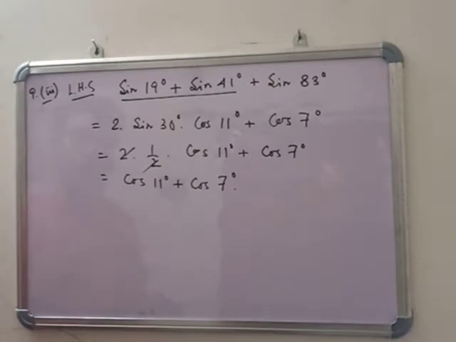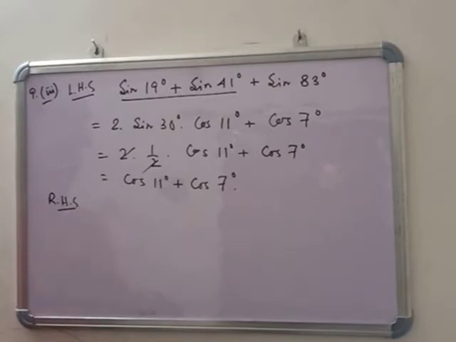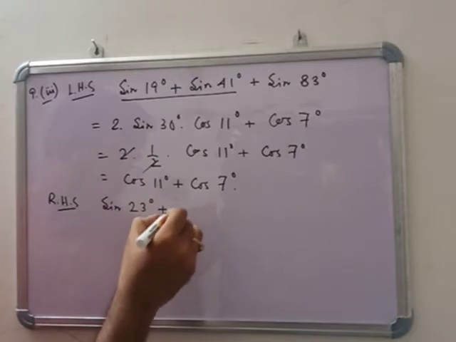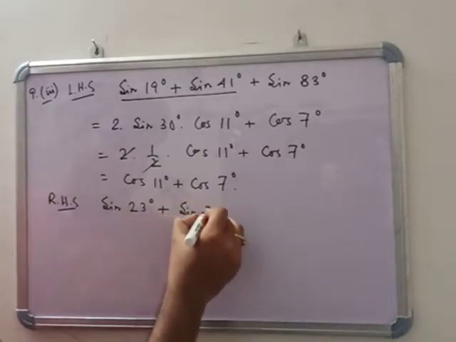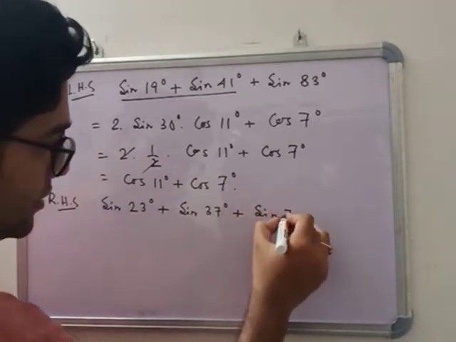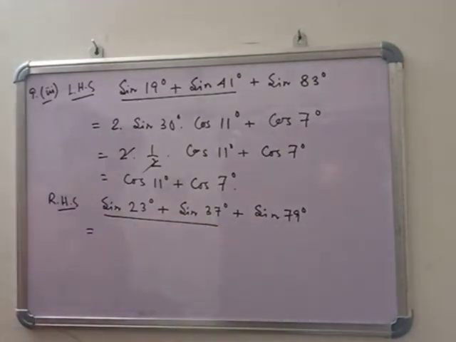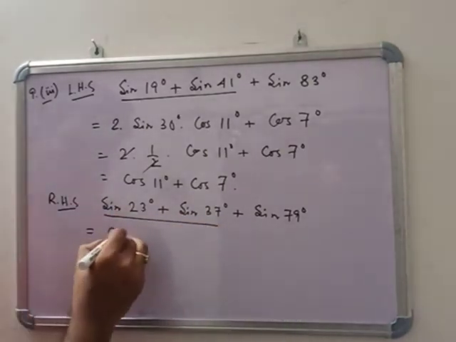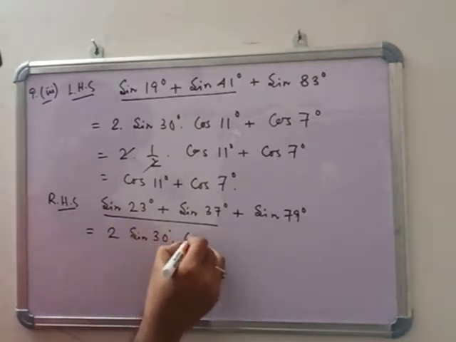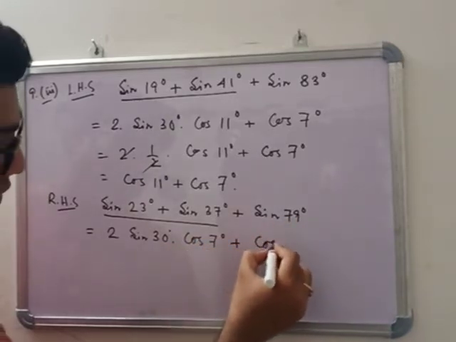Okay. Now for the RHS, sine 23 degree plus sine 37 degree plus sine 79 degree. So now if we take these two, you can write 2 sine 30 degree into cos 7 degree, and sine 79, that means cos 11.